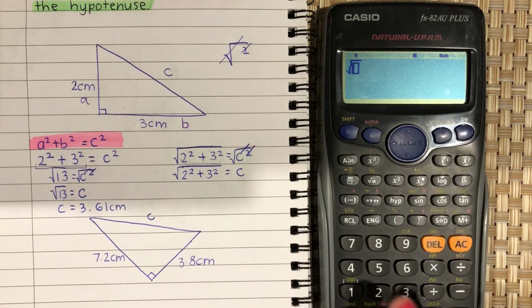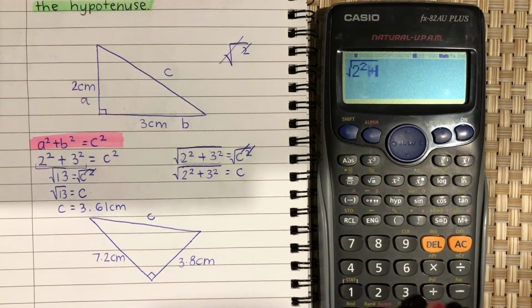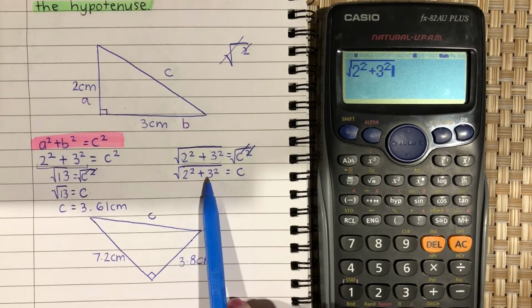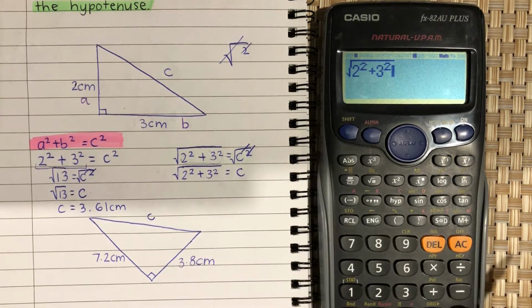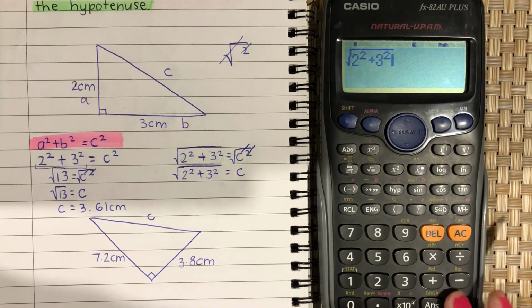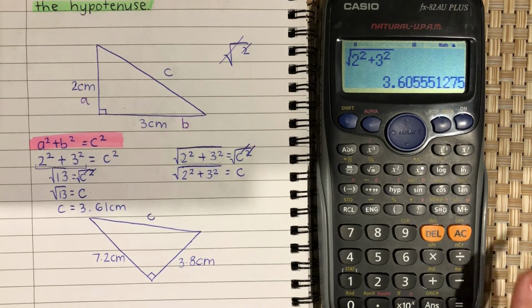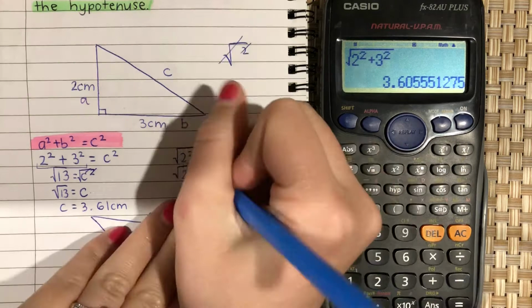Square root 2 squared plus 3 squared, exactly how I see it. In the calculator, exactly how you see it. And you press equals, and look at that, you get the exact same answer. So 3.61.